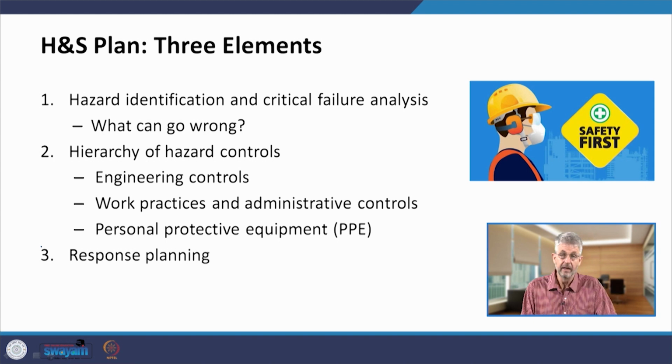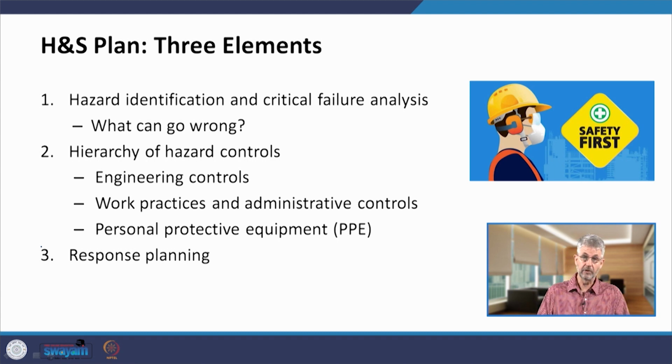All these system parts have to undergo a critical failure analysis. And then a hierarchy of hazard controls has to be developed: engineering controls, work practices and administrative controls, and also the availability of personal protective equipment, or PPE for short. So all that needs to be addressed in the health and safety plan.